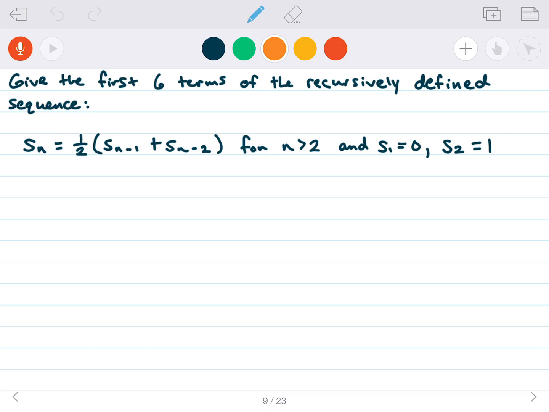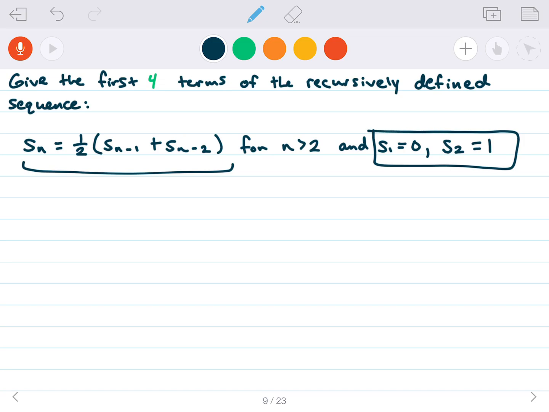Okay, let's do another example here. I am just going to do the first 4 terms instead of the first 6. So here is our sequence rule. They tell us the first 2 terms this time. They say S sub 1 is 0. The first one on our list is 0. The second one on our list is 1.